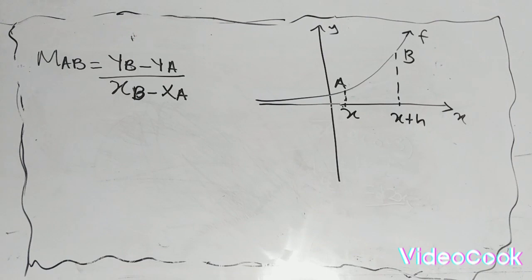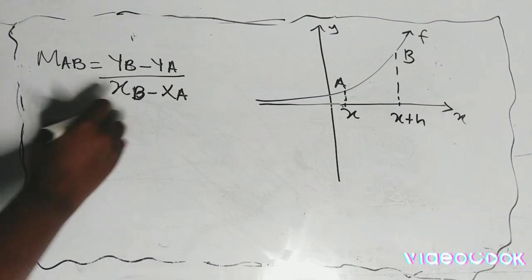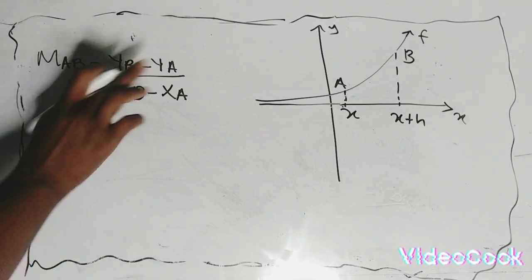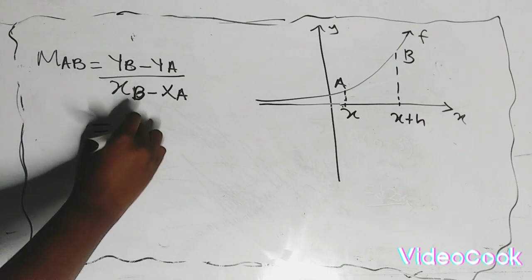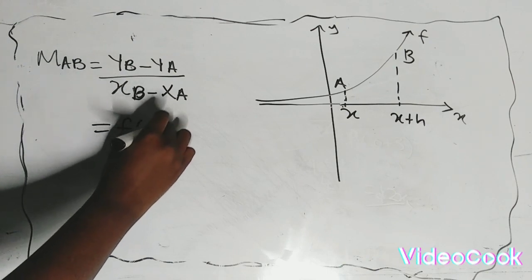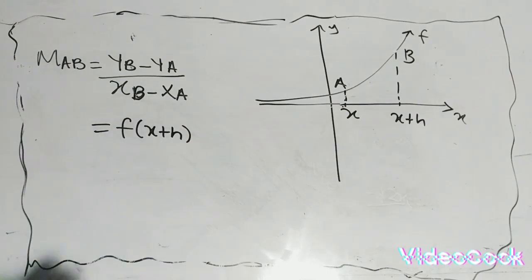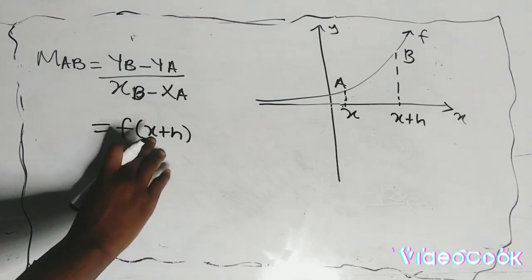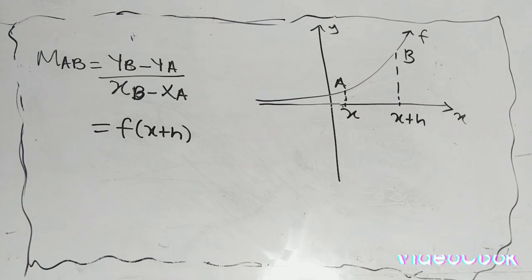With that being said, we don't know the value for YB, but we can calculate it when we say it is f of x plus h. In place of x, we are just going to write x plus h to get our y value.